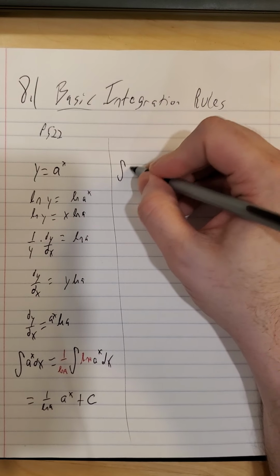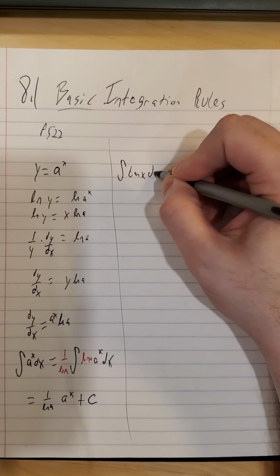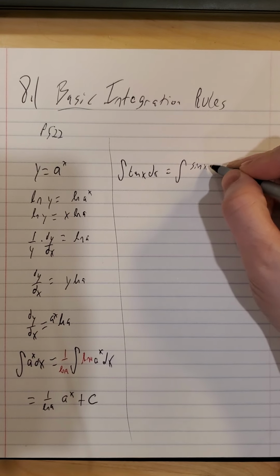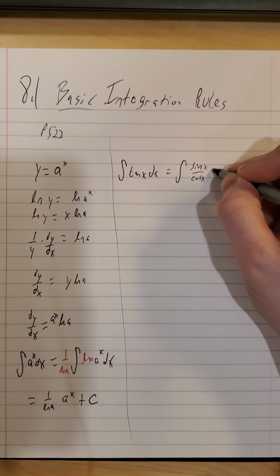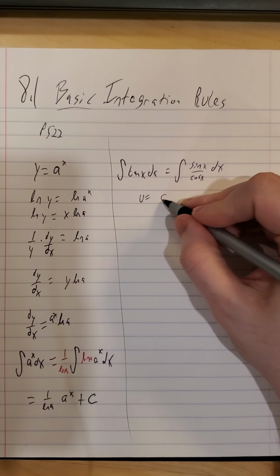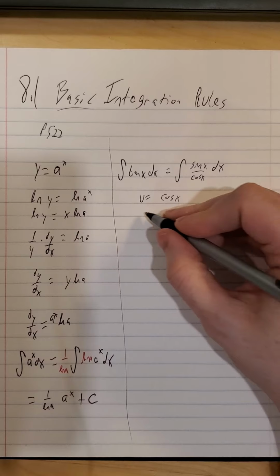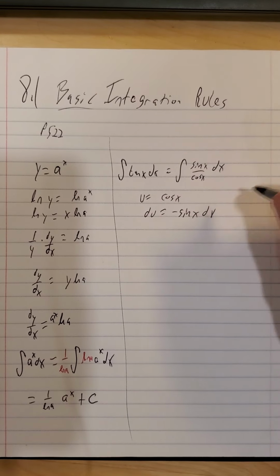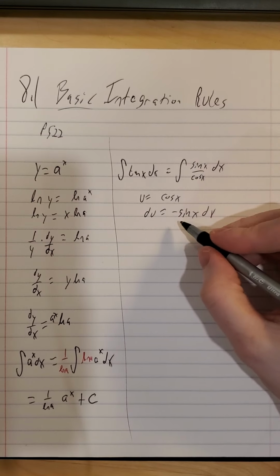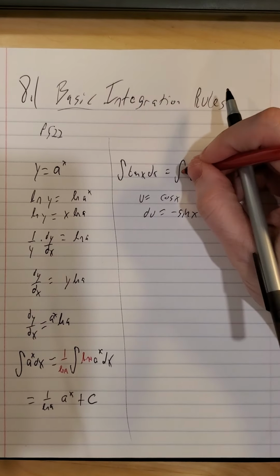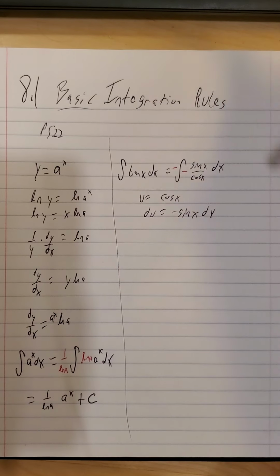The integral of tangent x dx. If we just split it into sines and cosines, it's a little easier to see what's going on. So here we would let u equal cosine x, which would mean du is minus sine x times dx. Again, we'll use a little multiplication by 1. I see a sine x dx. I don't see the minus sign there. So multiply by -1 inside and out.